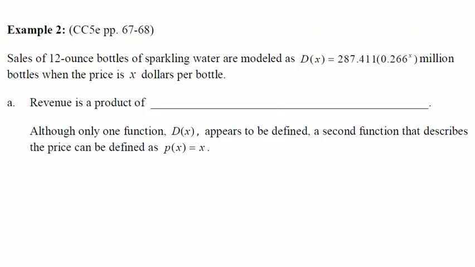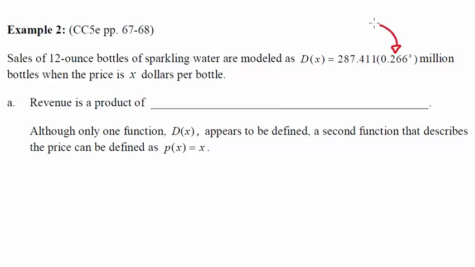So let's look at another example here. The sale of 12-ounce bottles of sparkling water can be modeled by D of X million bottles where the price is X dollars per bottle. Let's think back to what we've already seen about exponential functions.